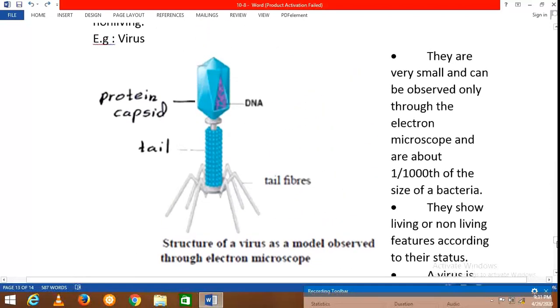If we consider the structure, this is a model of a virus, which is seen through the electron microscope. They have a DNA or RNA molecule, either DNA or RNA, not both, which is covered with a protein capsid, and there is a tail. Here the tail fibers are also shown.